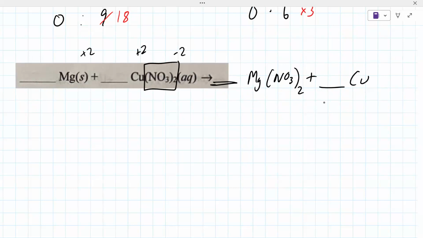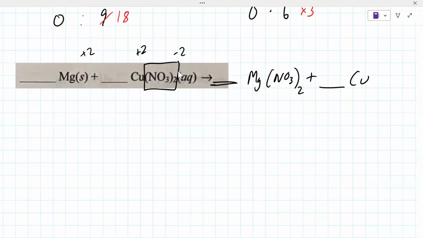Is that okay so far? Yeah. So Mg is in the second column. That's how I got its charge. Copper, I had to get it based on NO3 because these end up balancing. NO3 is -1, but you double it up. Now, in terms of balancing, it's the same as before.